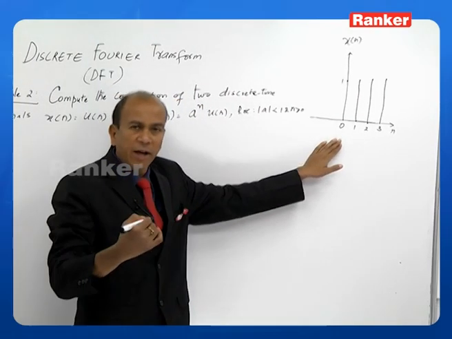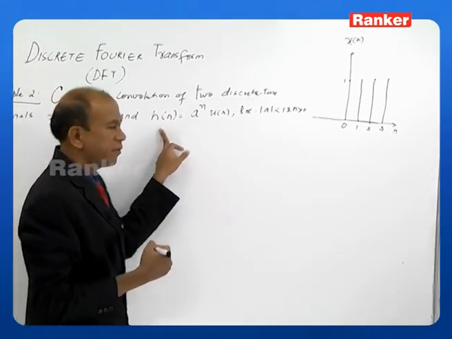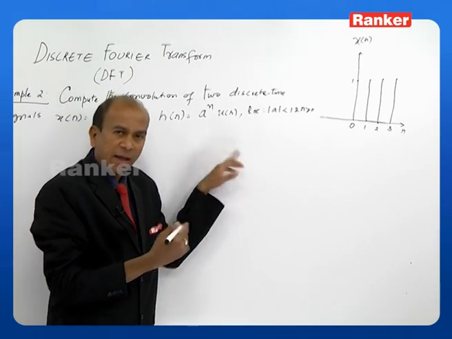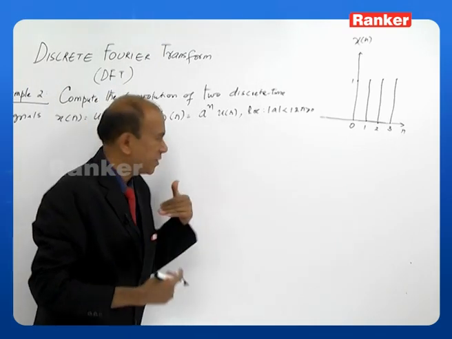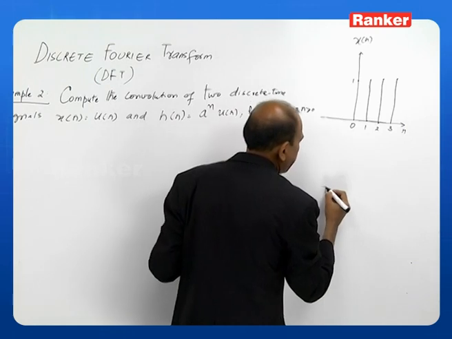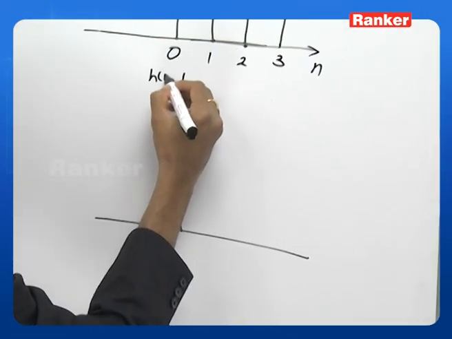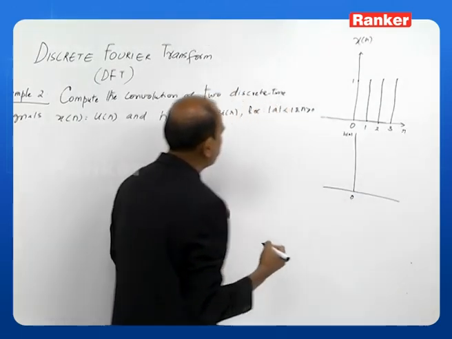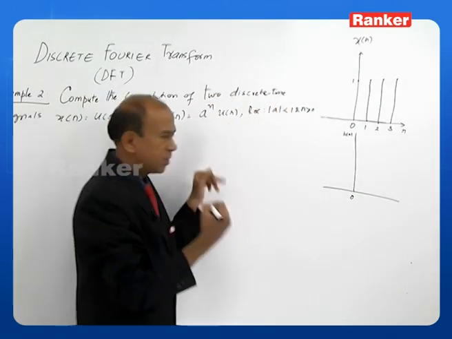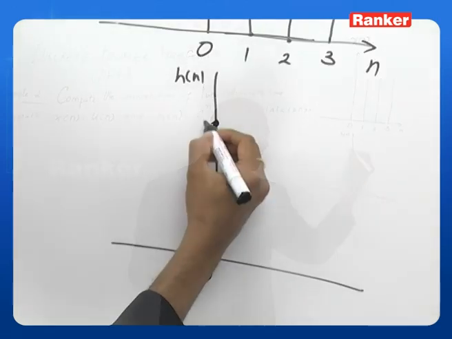Similarly, I can also draw h of n. So what is h of n given as? h of n is given as a to the power of n u of n. That means again it is a right-handed sequence. So let us draw h of n also. This is my h of n at 0. a to the power of n, so this will be 1 here.